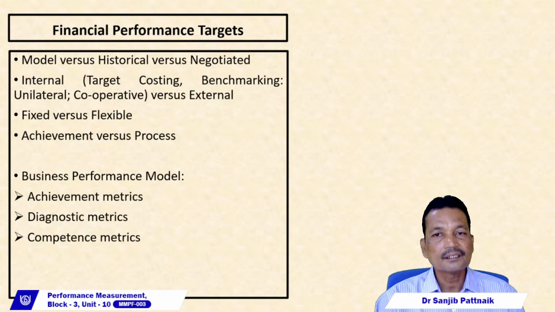So the metrics for performance targets will be based on how much the company is putting in research and development, market development, etc. So that it can use its expertise and change itself according to the future needs of the market and have performance targets.